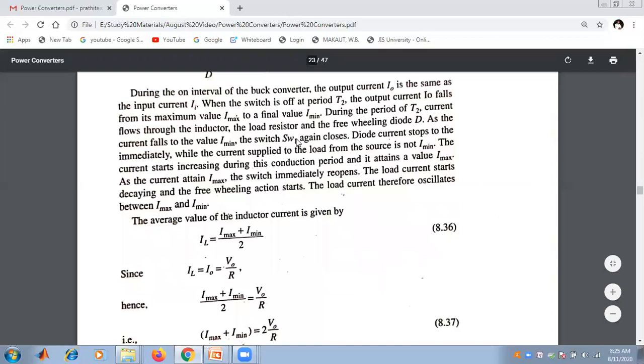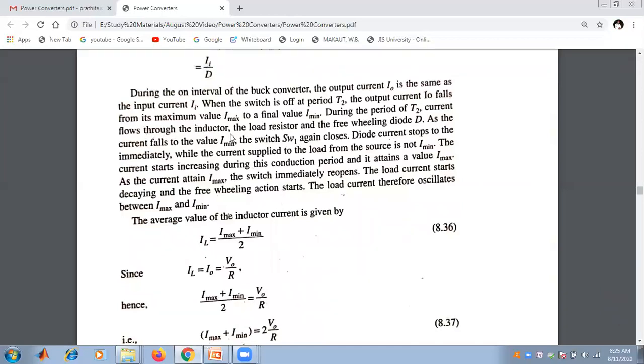During the period of T2, current flows through the inductor, the load resistor, and the freewheeling diode D. The current falls to a value of I min.